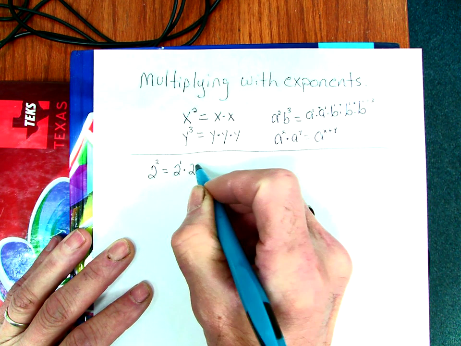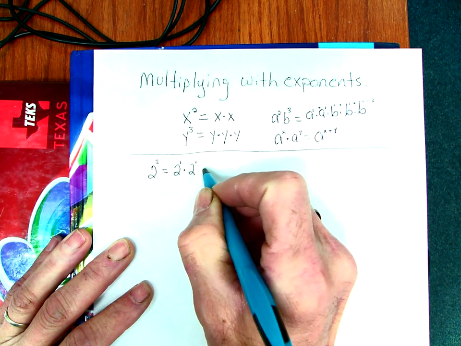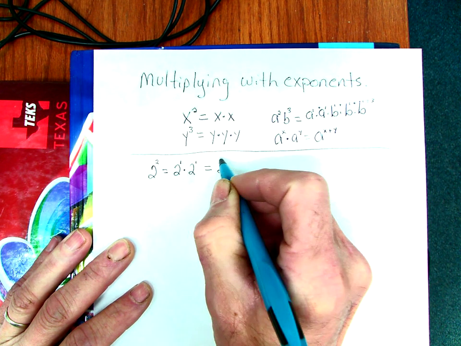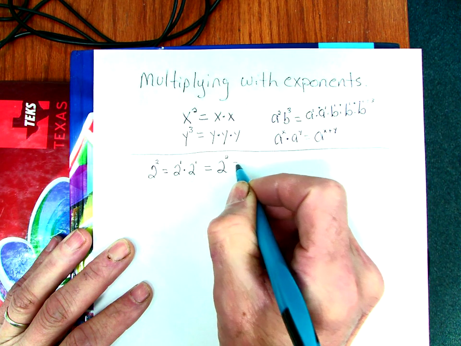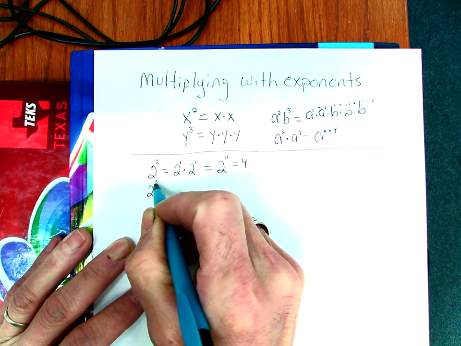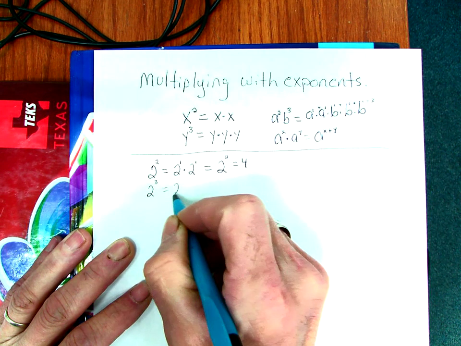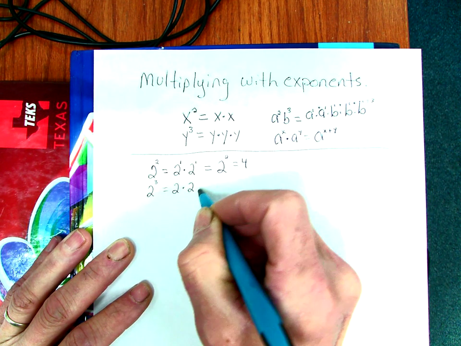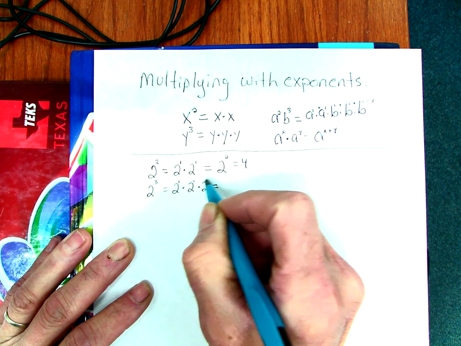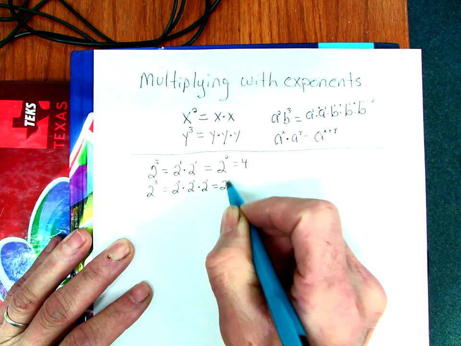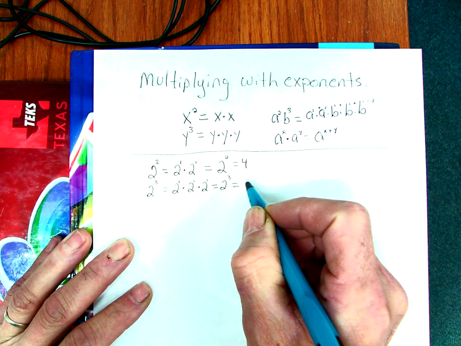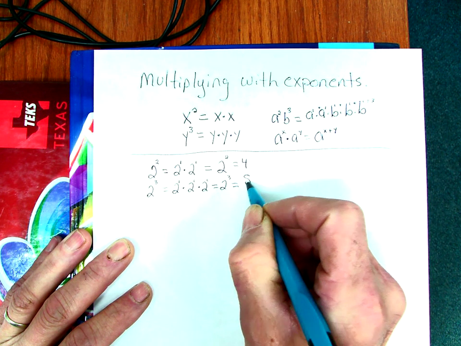That's 2 to the first power times 2 to the first power. 1 plus 1 is 2, so 2 squared, and that equals 4. 2 to the third power is 2 times 2 times 2. 2 times 2 is 4, times 2 again is 8.